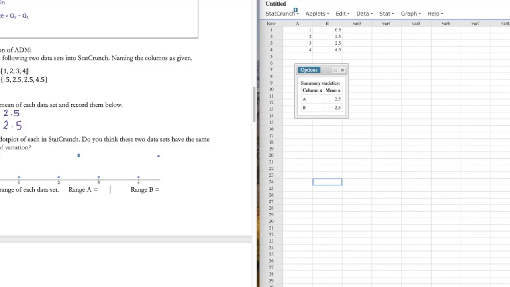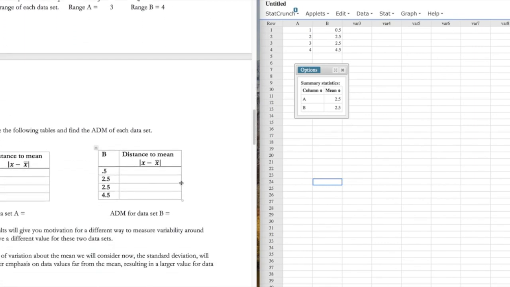So for data set A, 4 minus 1 is 3. We've got a range of 3. And for data set B, 4.5 minus 0.5 is 4. So that is an indication that maybe the variation of these two data sets should be different.